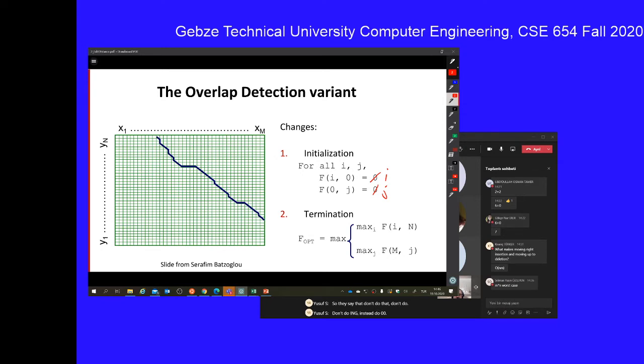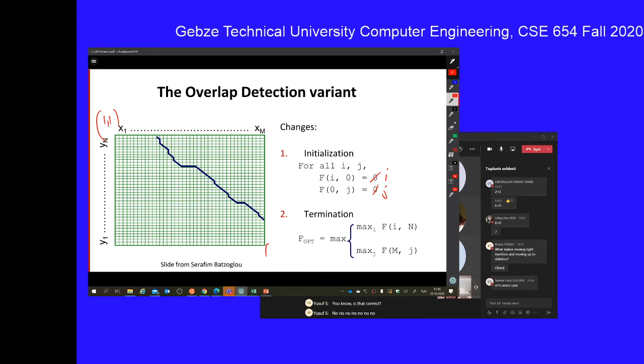Okay? Do 0 and 0. In that case, all the costs of, by the way, in this case 1 is here, and M is here. Is that correct?